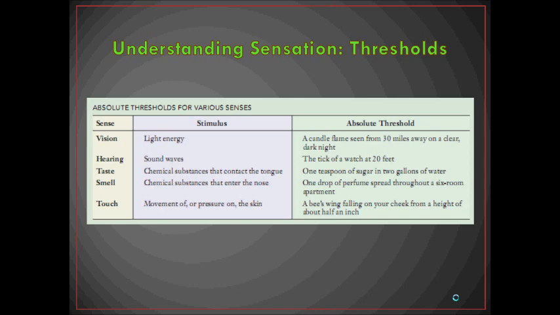It's clear. There's no fog or anything obstructing the vision. We can take a candle flame 30 miles away, and a person will at that point be able to say, yes, something has been lit up. Pretty interesting. Regarding hearing, using sound waves as a stimulus, the average person can detect the tick of a watch at about 20 feet distance.